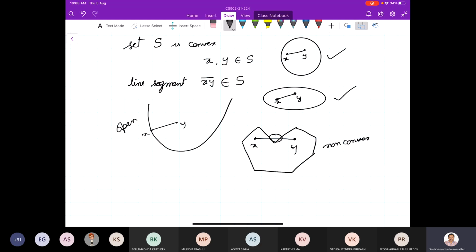So this is the mathematical definition of convexity. Here I use this notation: this is the line segment joining XY.